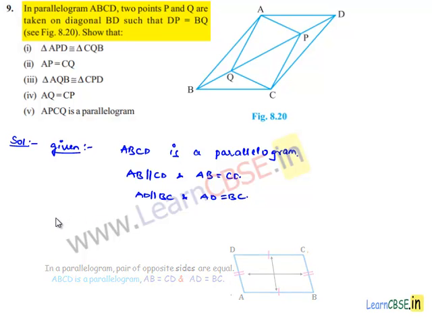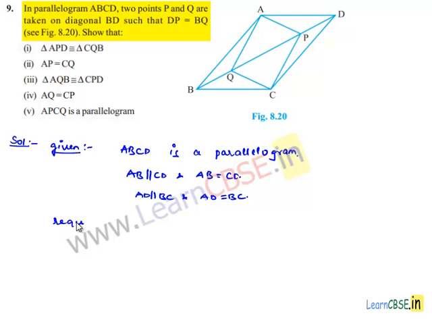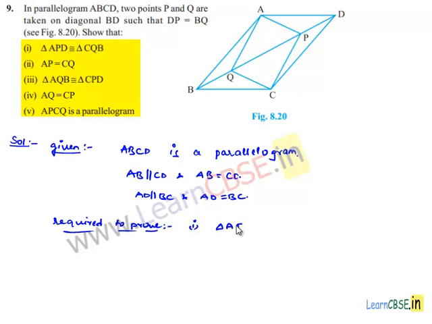Now he asked us to prove first thing, triangle APD is congruent to triangle CQB. Second thing, AP is equal to CQ.